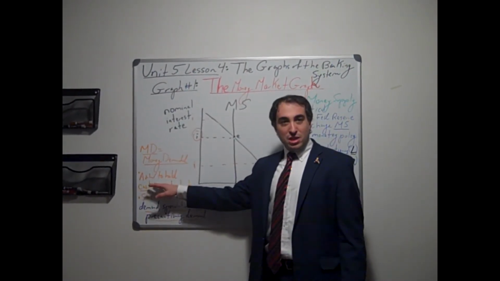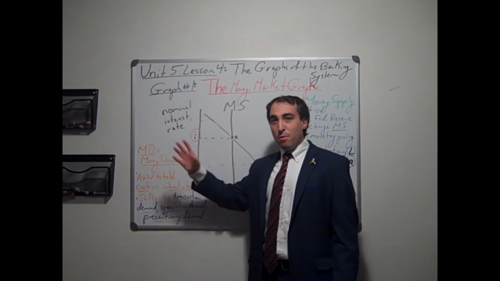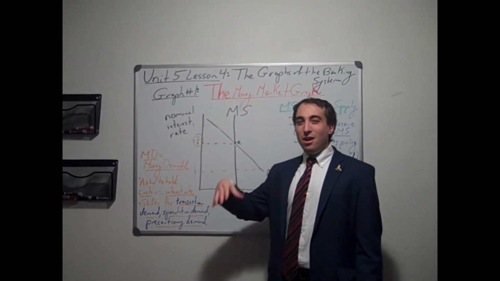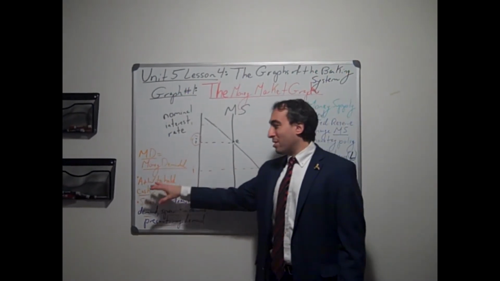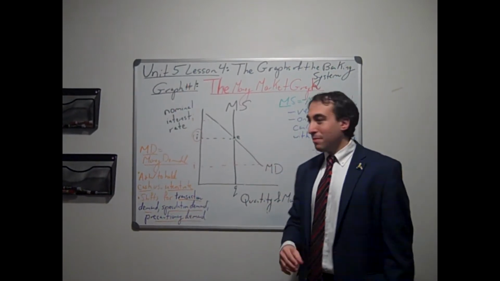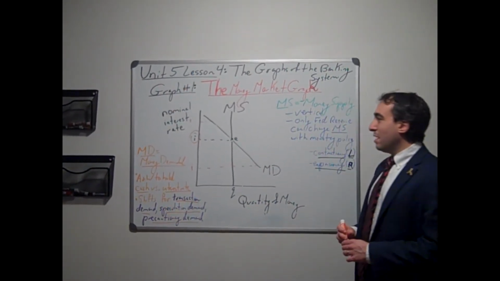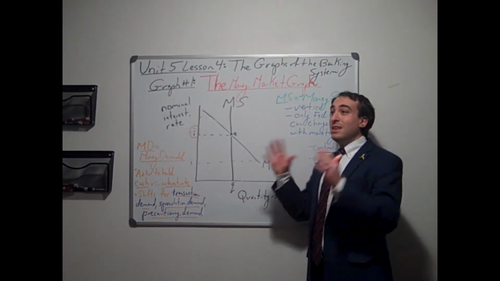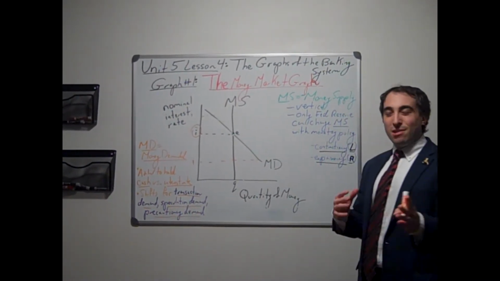And then ask yourself, how will this increase our ability or willingness to hold money as cash? And as this changes, then we'll get to our shifts of both of these in a second or later on.